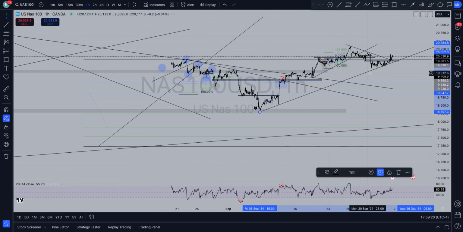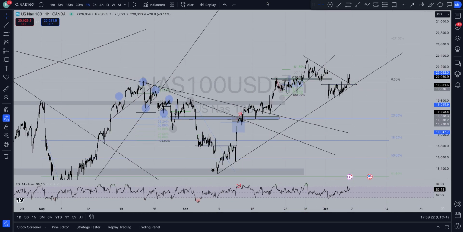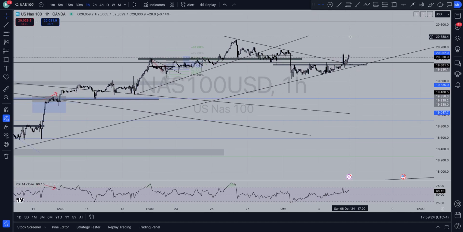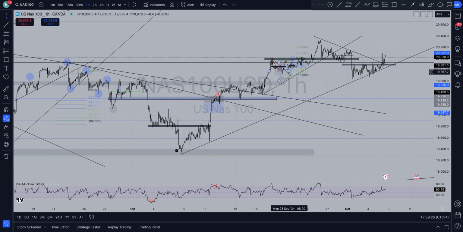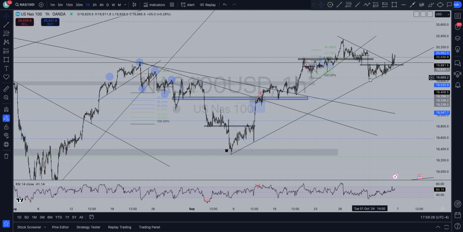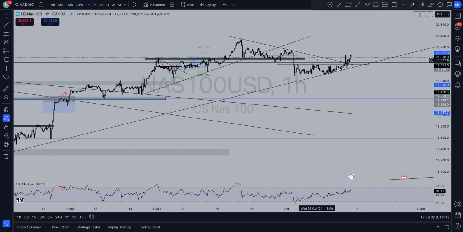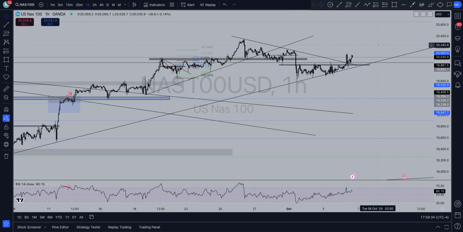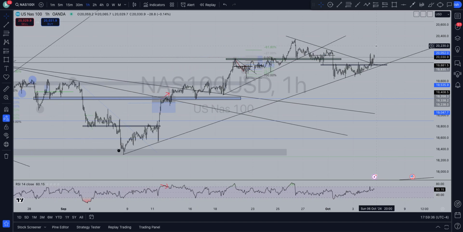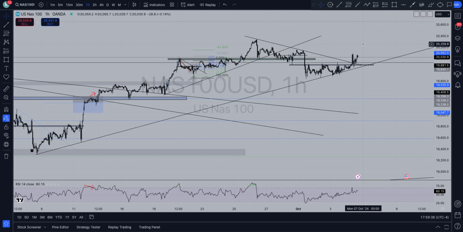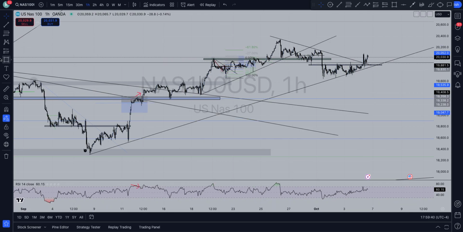Let me go down to the 1 hour. So structure right now is we have this impulse move up.